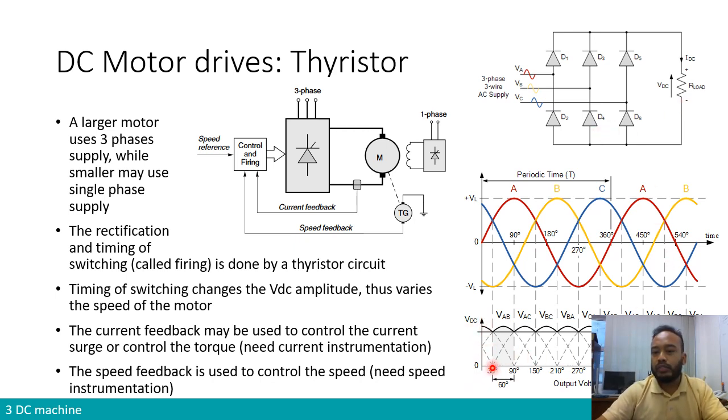So in order to change that, what we do is use, instead of a diode, imagine these are now not diodes, they are thyristors. They are something that looks like this. With a thyristor, we can adjust the moment when the thyristor operates or not. For example, if it operates at 90 degrees, it means that the first part of the waveform of the AC signal will not be taken into account.